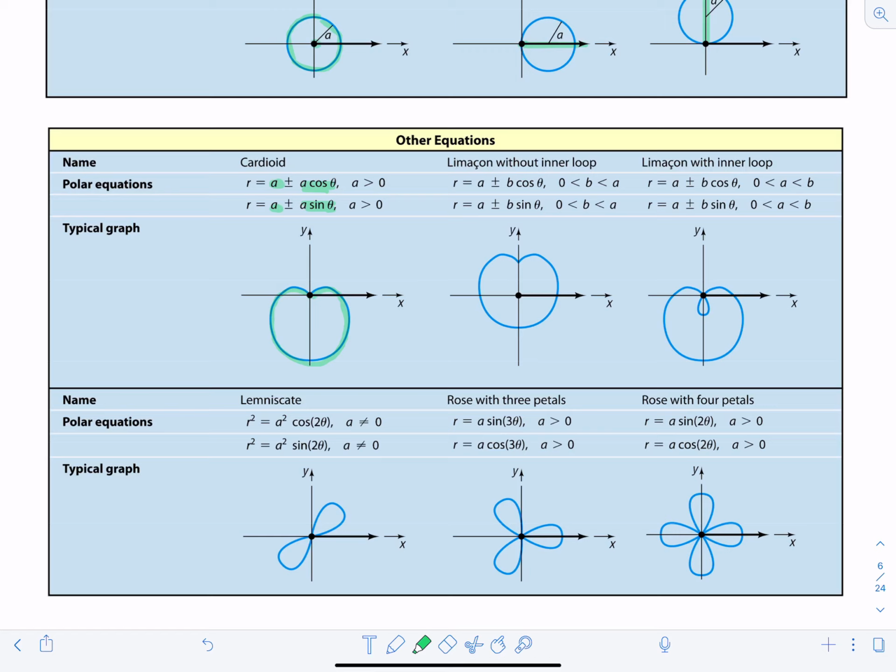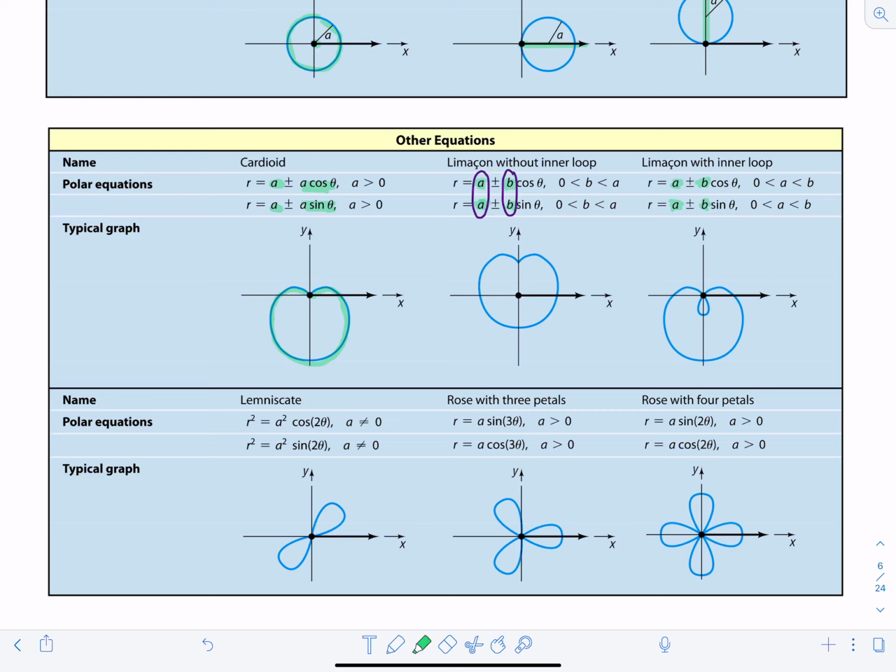Now the next two are called limaçon. That's with the French c, okay? So you have one of those when the constant being added to the trig function is different than the coefficient of the trig function, okay? And it has no inner loop, so it basically looks like a cardioid when this constant a is larger than b, than the constant in front of the trig function.